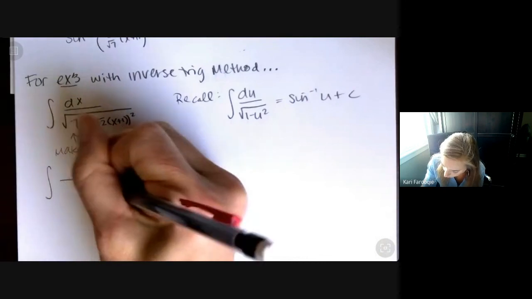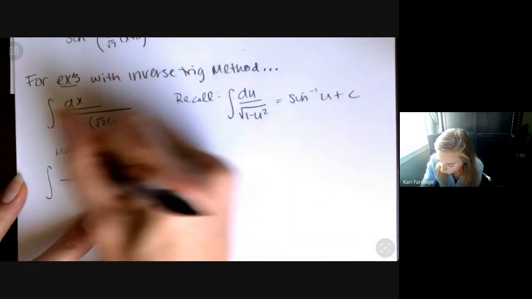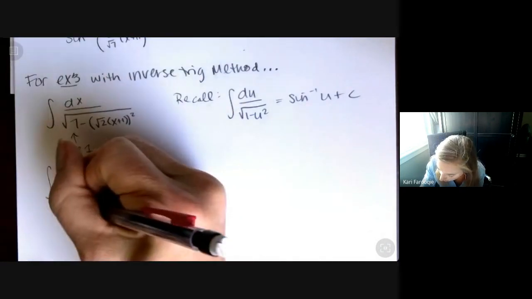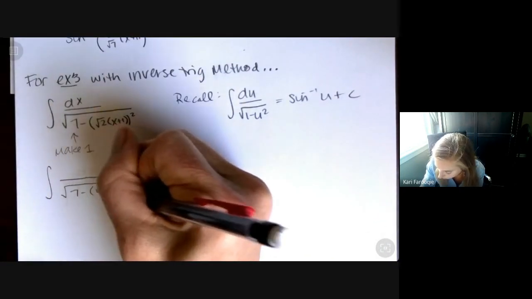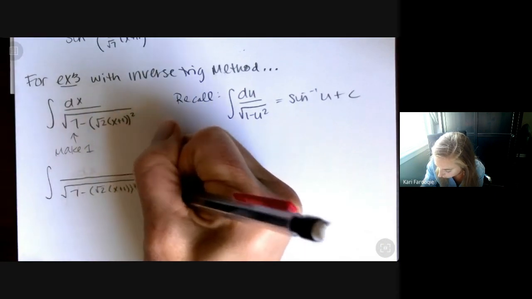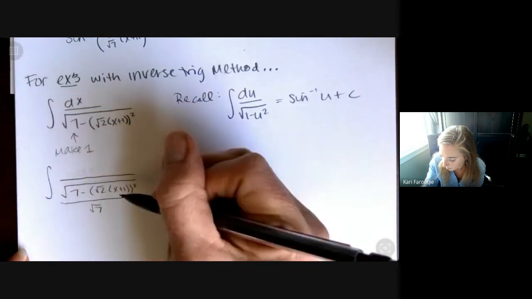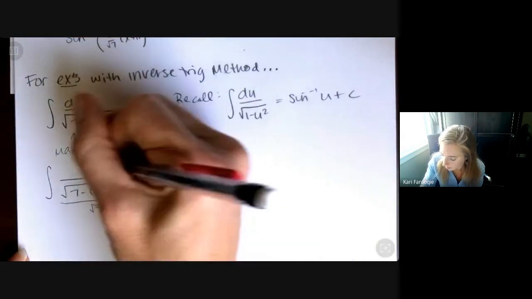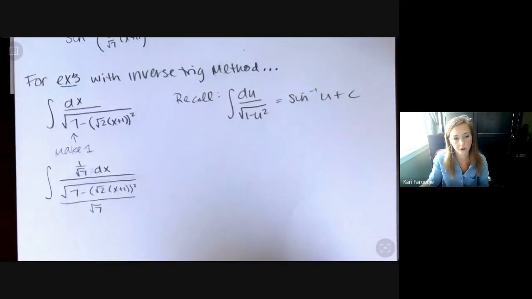Okay, so here's what I'm going to do. I'm going to write the dx. No, I'm not going to write the dx yet. I'm going to go with 7 minus the square root of 2, x plus 1, quantity squared. And then we're going to divide this by the square root of 7. And then I'm going to take 1 over square root of 7 dx. So I'm dividing by square root of 7 in the numerator and the denominator.